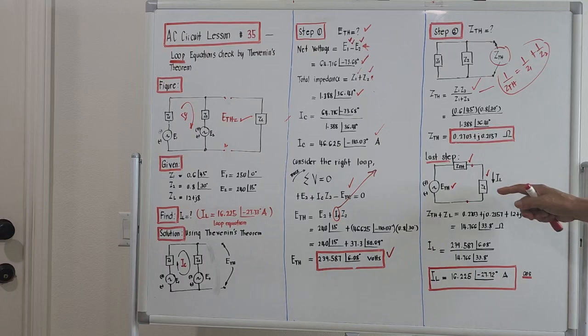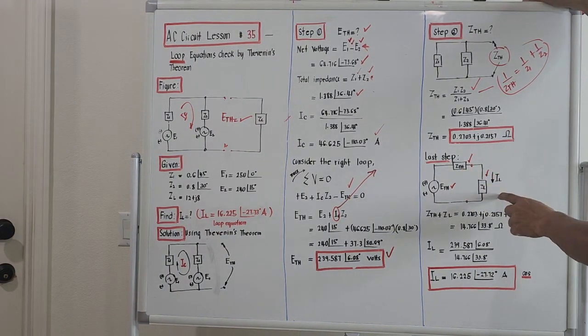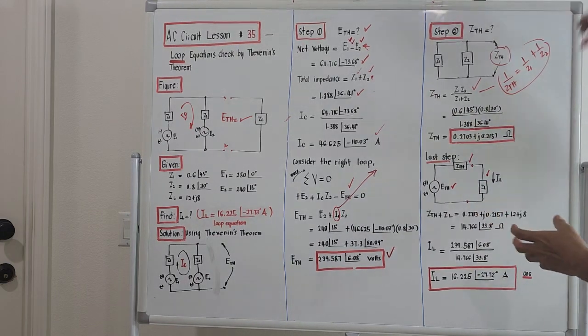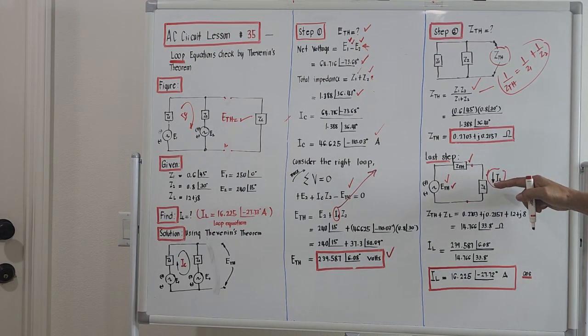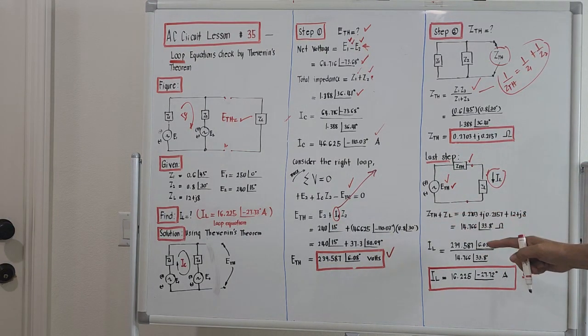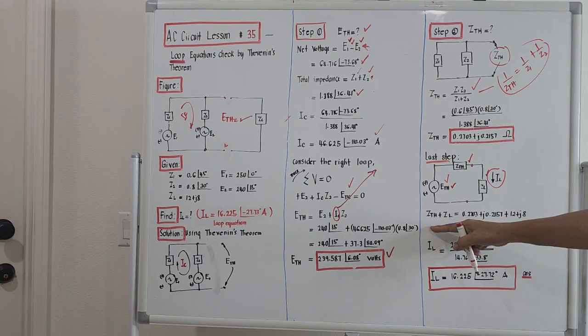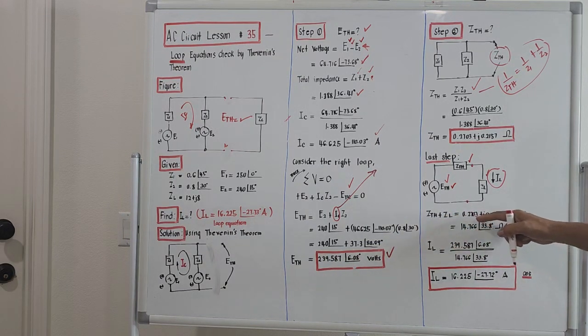After the reconnection of C sub L, we could say that CTH and C sub L are in series. So to compute for I sub L now, it will be this voltage here over the vector sum of CTH plus C sub L. That's why I place here CTH, Thevenin's open circuit impedance, plus the load impedance, this. Simplifying, the magnitude will be 14.766 angle 33.8 degree ohms.